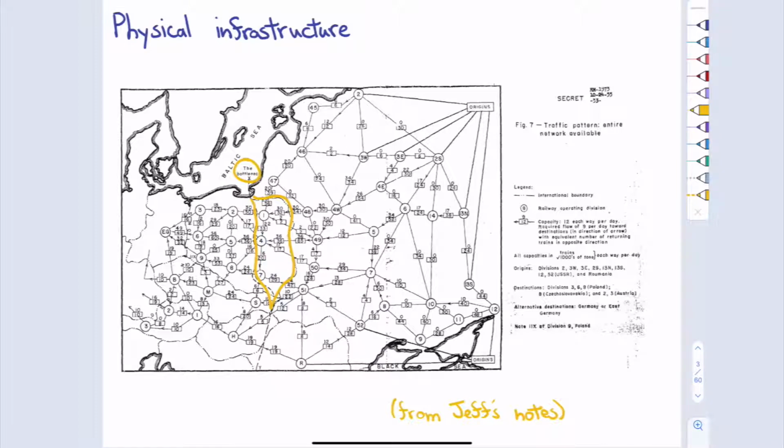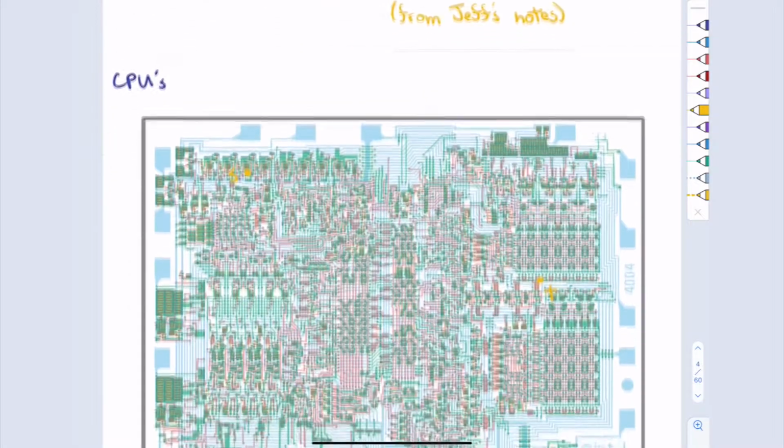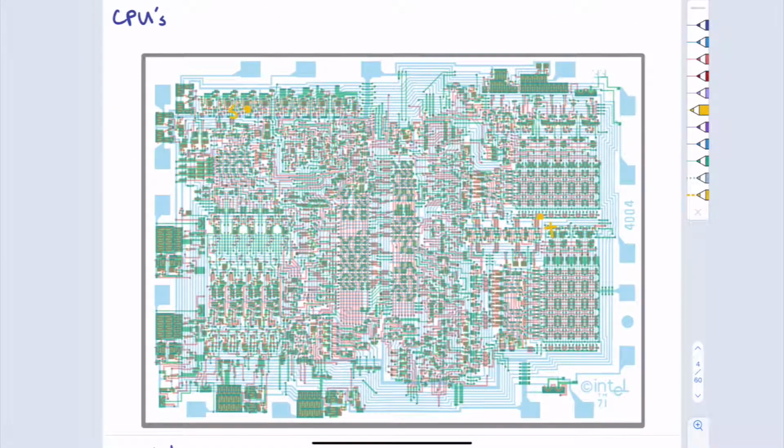Okay, this is actually a relatively small graph compared to modern examples. I've mentioned CPUs many times. Here would be a picture. The point is that CPUs have many components and many connections. You want the connections to be short so that messages don't take a long time, but you also want the CPUs to be very robust.